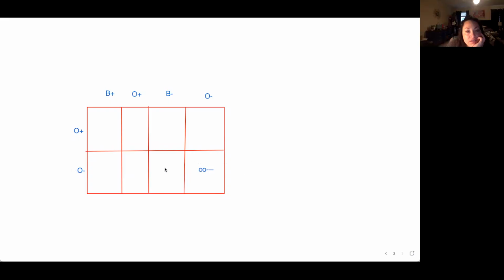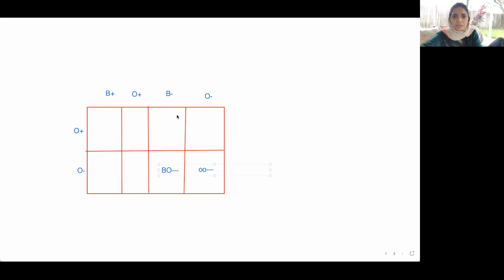Yes. And this one is B negative. This one is B positive, this is O positive, this is B positive, this is O positive, this is B positive. So the answer is yes.